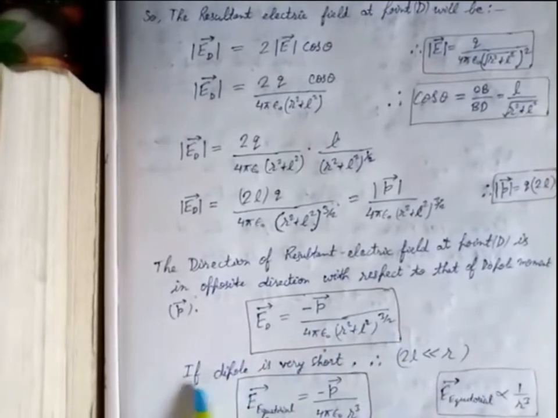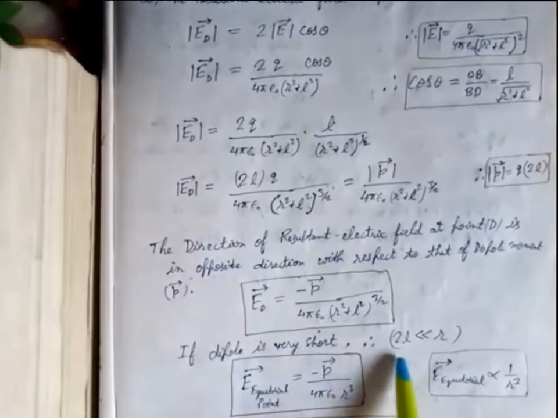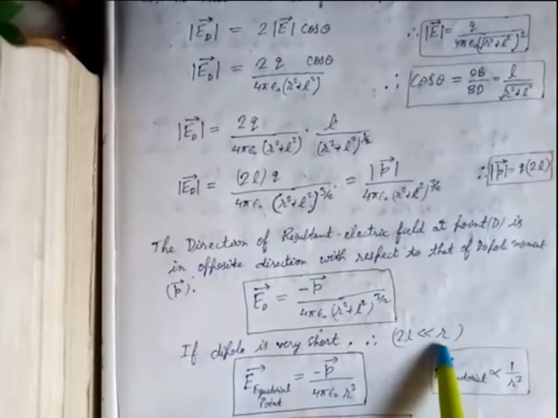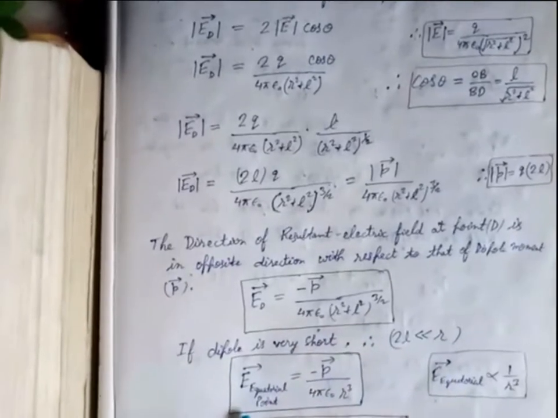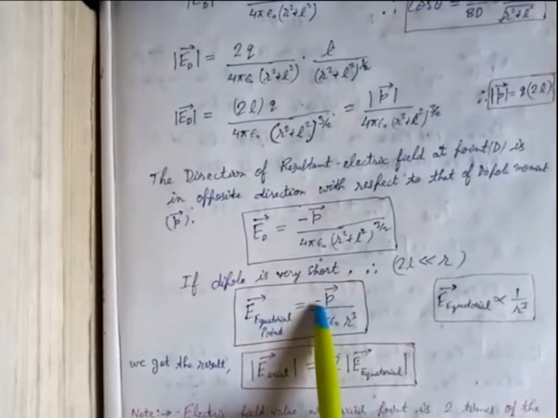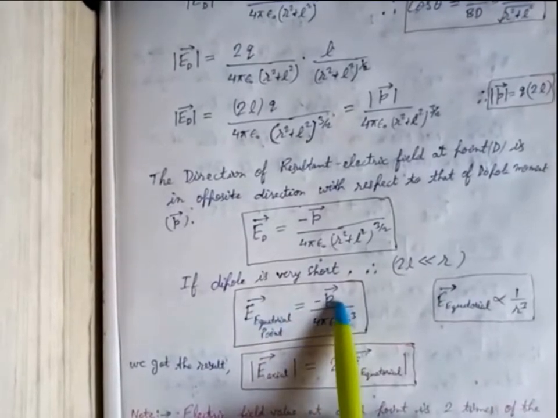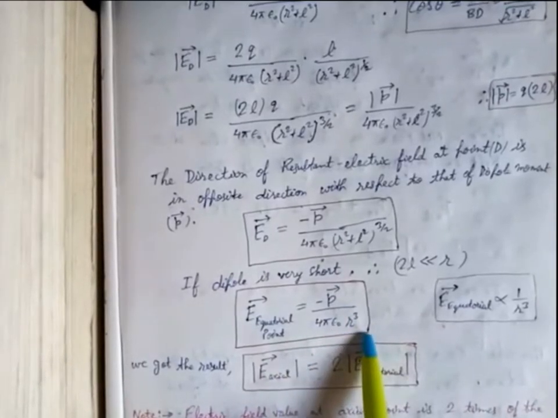If we assume that the dipole is very short, that is 2L is much less than R, then L will be neglected. So we get the electric field at the equatorial point equals minus P vector upon 4 pi epsilon naught r cube.